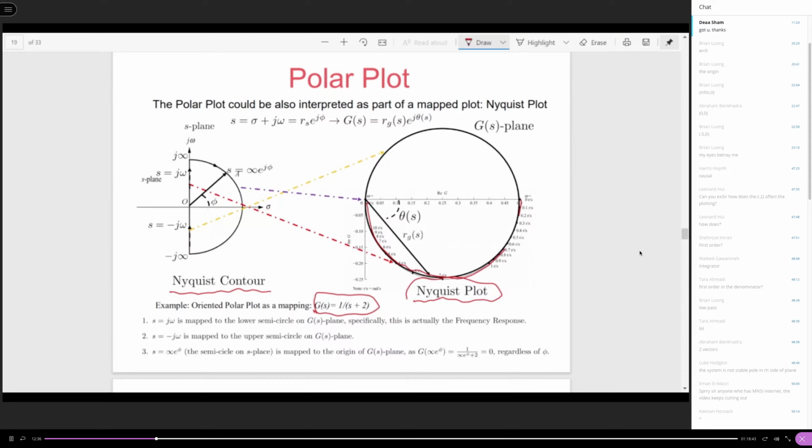Okay, now a very straightforward look at this mapping. Like I said, we're going to treat this g of s as a complex function, so it's going to be mapped from s to g of s.